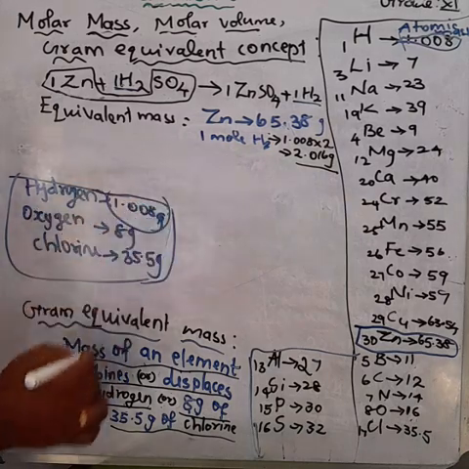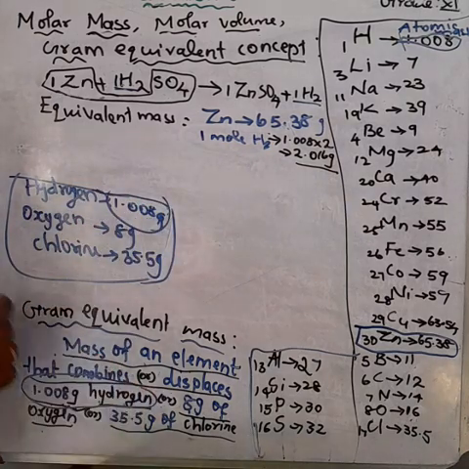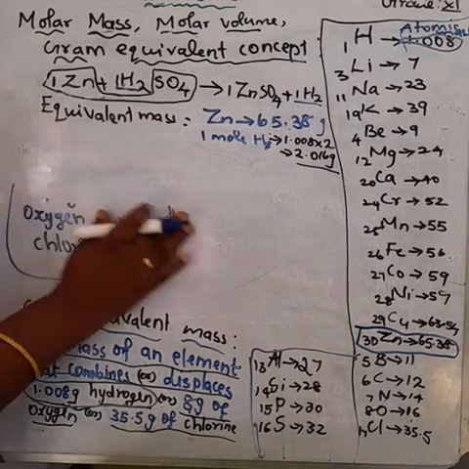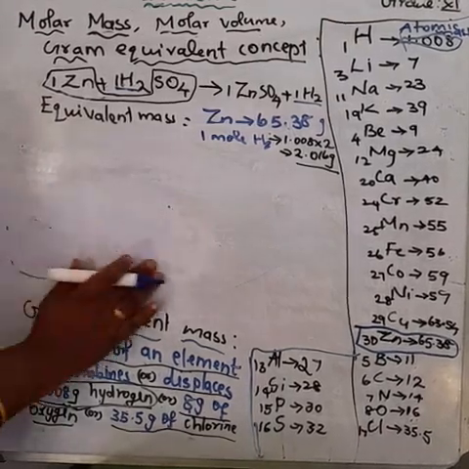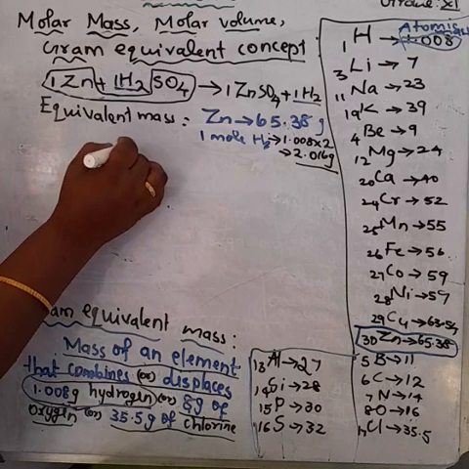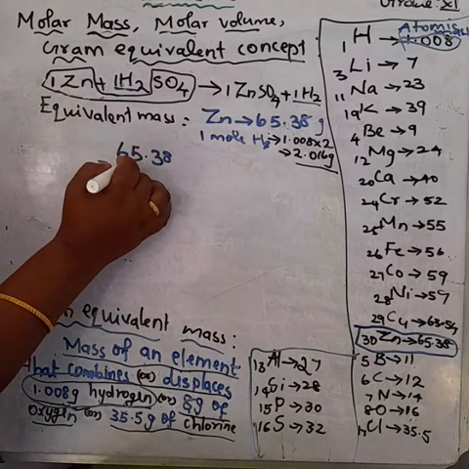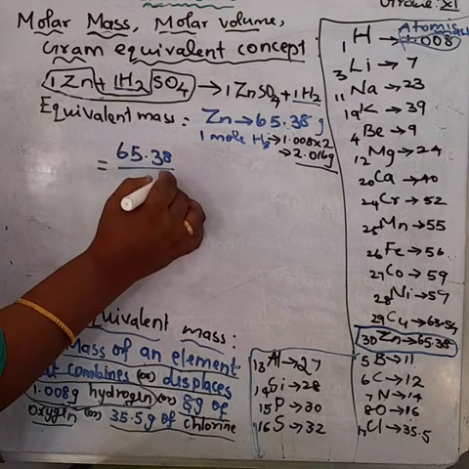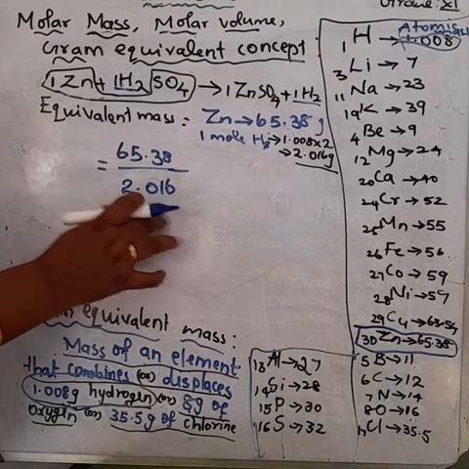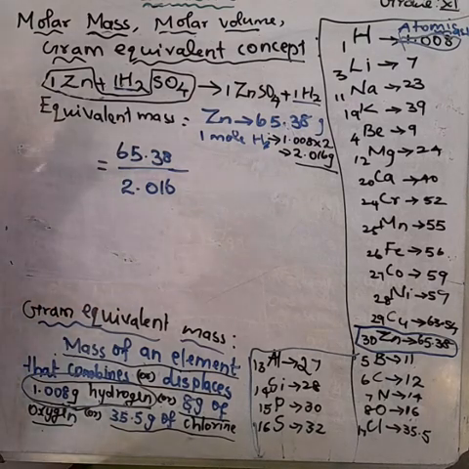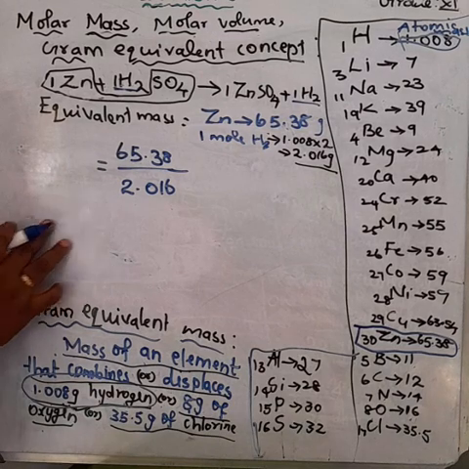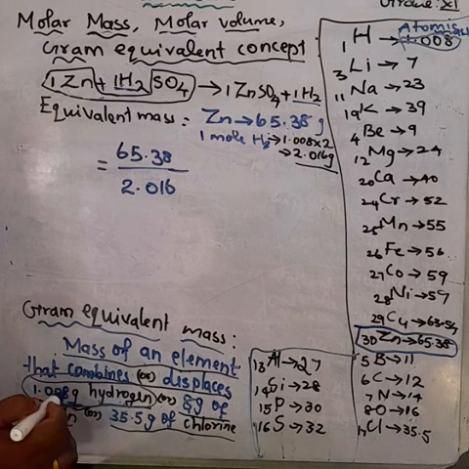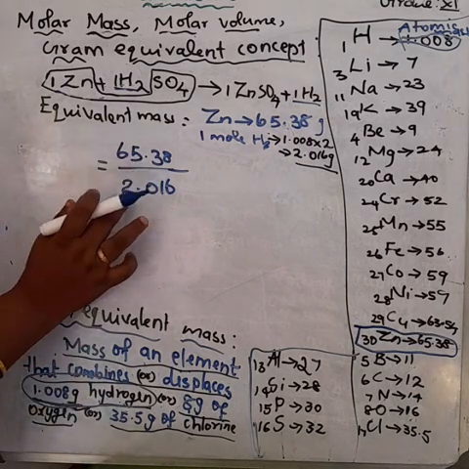So how can we calculate? The atomic weight of zinc is 65.38. So 65.38 gram of zinc displaces 2.016 gram of hydrogen. But we need the weight of zinc that displaces 1.008 gram of hydrogen.